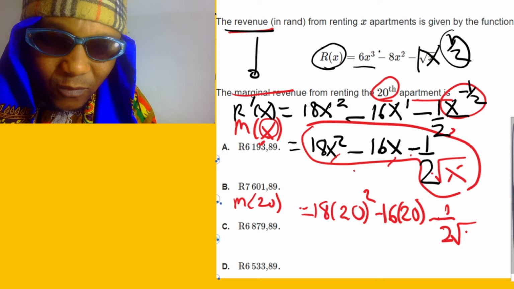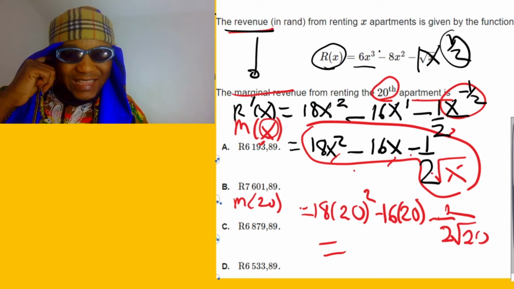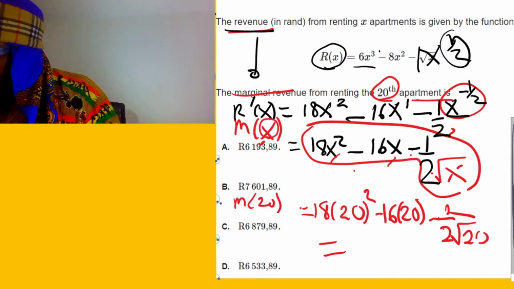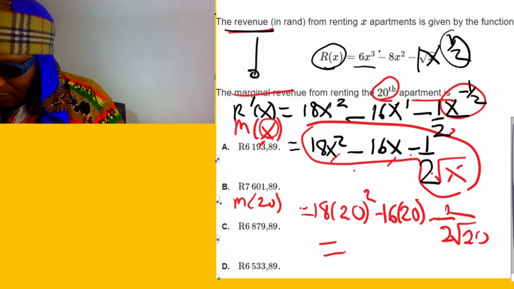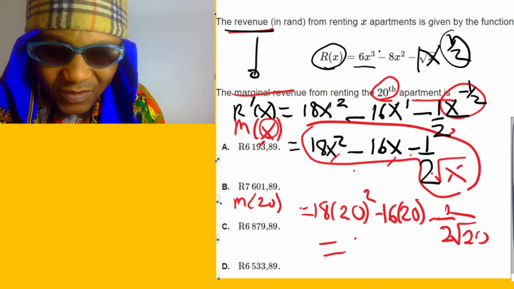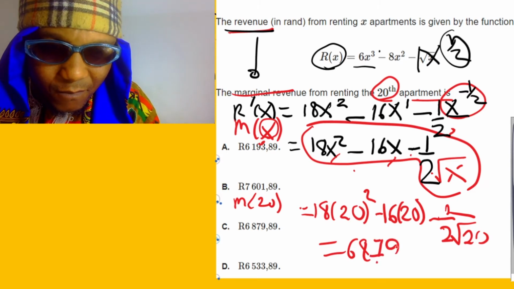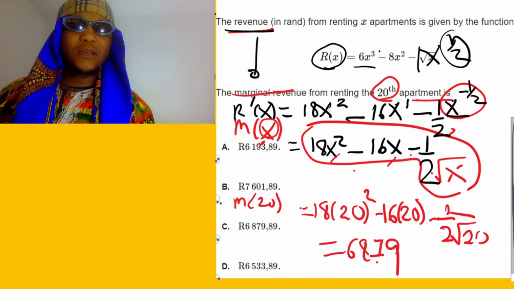So if you plug everything into the calculator, should I plug it for you? I believe you know how to plug. That's going to give you 6879 88.